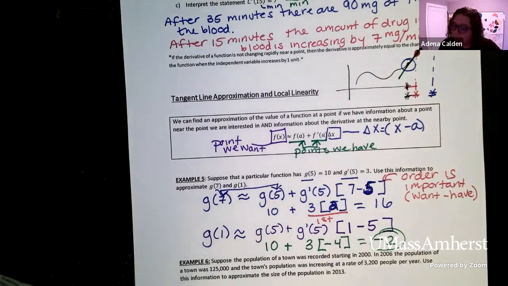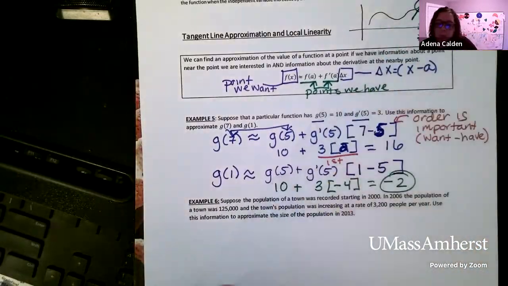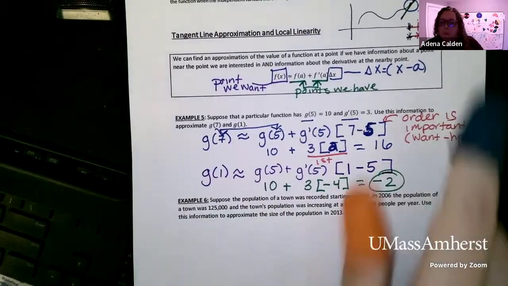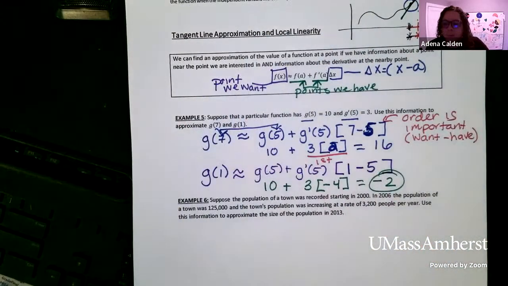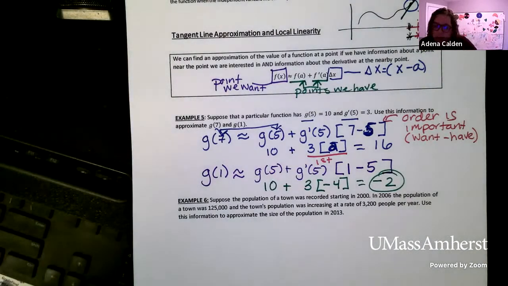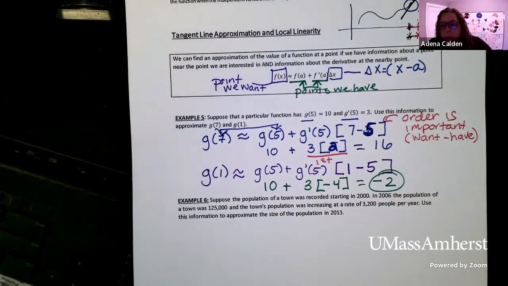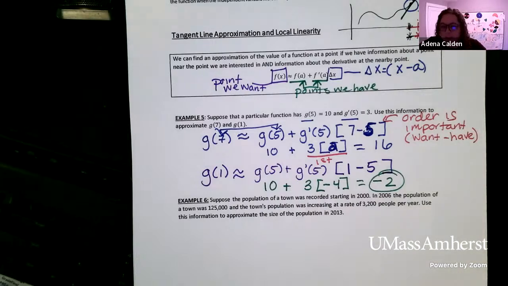Okay, so let's look at this with another example as a word problem. So we know we want to use this particular process and method to approximate. So we need to think about how we can write the information we have in the word problem to be able to use this. So here, suppose the population of a town was recorded starting in the year 2000.